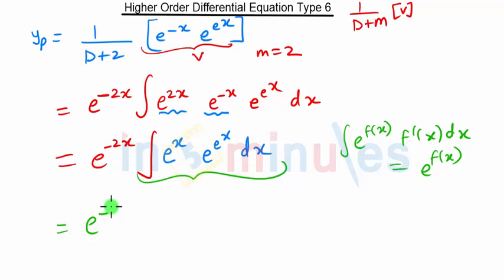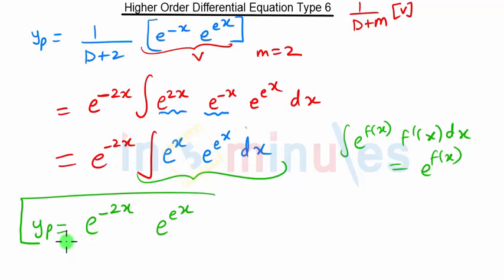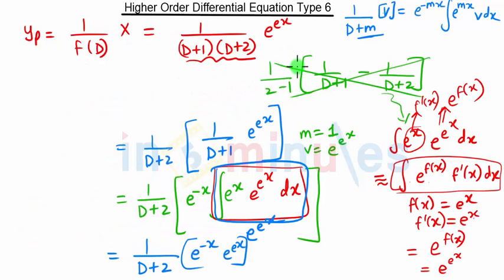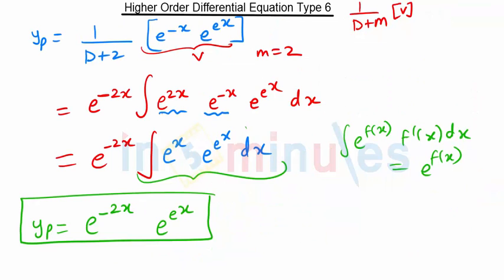So similarly, e raised to minus 2x, and this integration will be e raised to e raised to x. So this is our yp. In this way also we can solve for yp. Instead of splitting into addition terms, we can keep this term as it is and solve it.